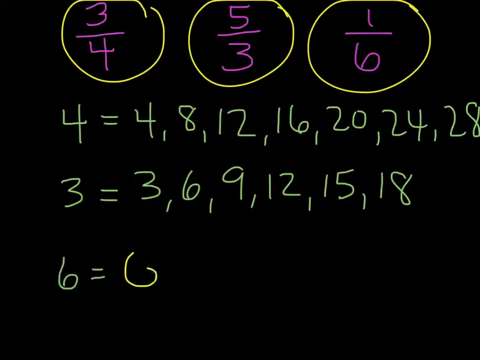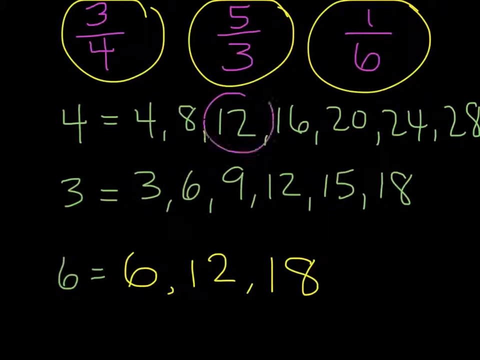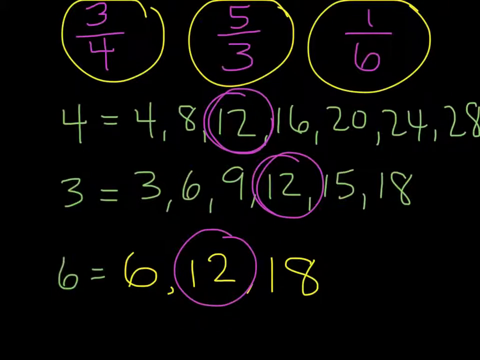So 6 times 1, 6 times 2 is 12, times 3 is 18. I'm going to stop there because I've already noticed that 12 appears here, and 12 appears here, and 12 appears here. So of these 3 denominators, 12 is going to be the lowest common denominator.